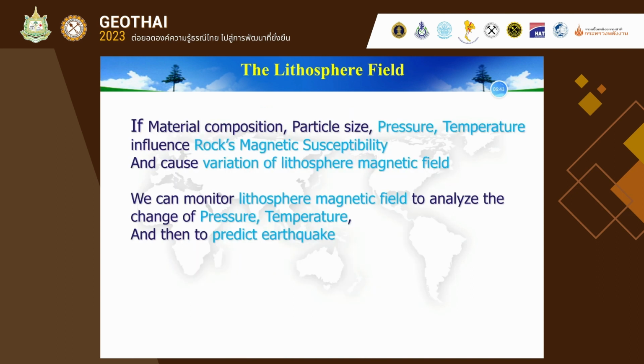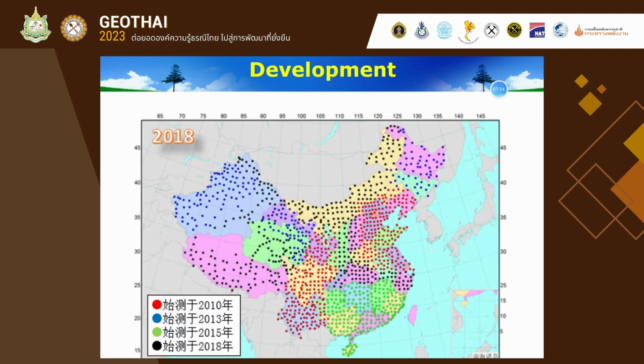If we monitor the source magnetic field, we can get the variation of pressure and temperature, and then based on this, maybe we can get some information about the anomaly and then predict earthquakes. That's our idea, and this is our network. Each point in China is one station.